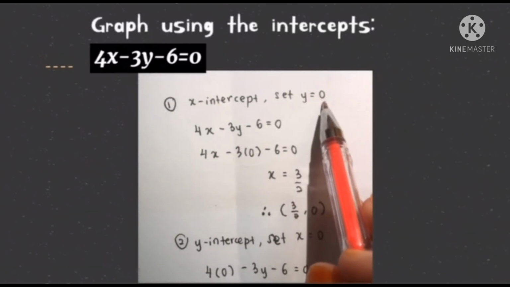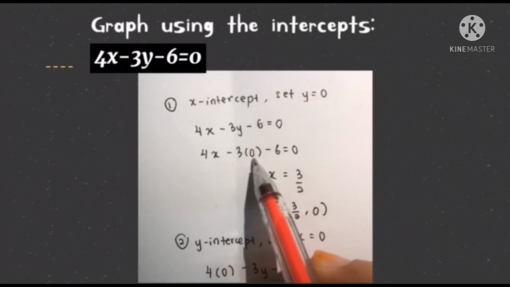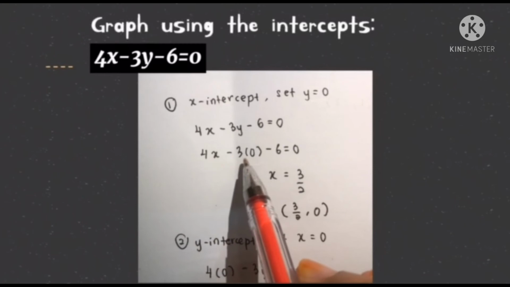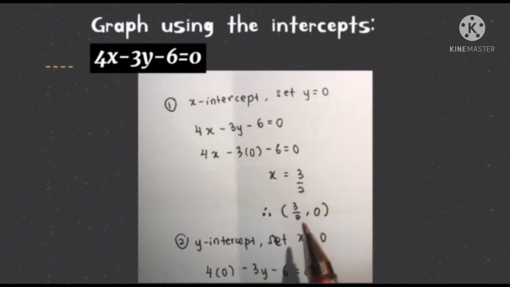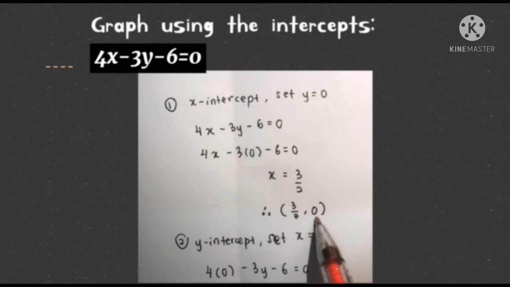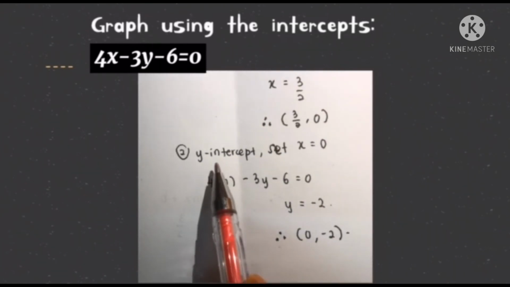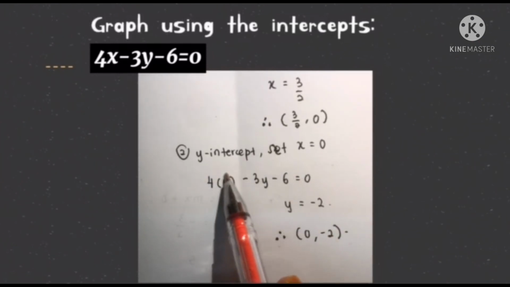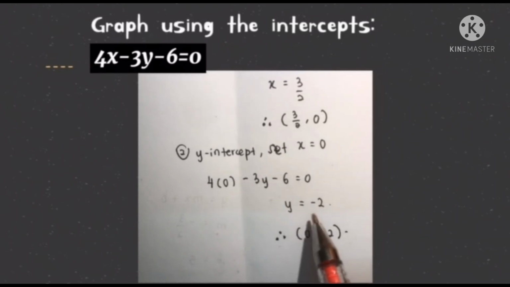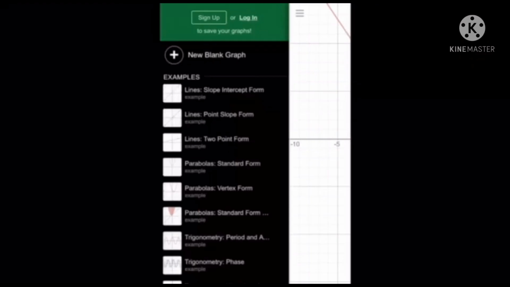First, we need to find the x-intercept: let y equals 0 and substitute into the equation, and we get x equals 3 over 2, and the point is 3 over 2 and 0. Then we need to find the y-intercept: let x equals 0, substitute into the equation, and we get y equals negative 2, and this is the point for the graph.